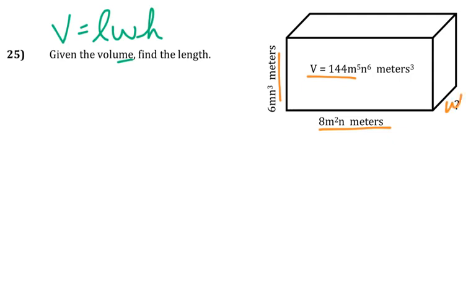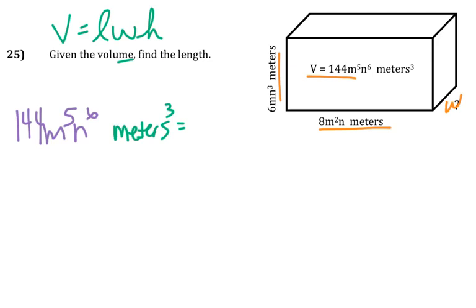So setting up my equation, I'm going to write 144, m to the fifth, n to the sixth, and then I'm going to do meters to the third power. Actually, maybe I won't just do m, I'll just write it out. I don't want to get that confused with this m right there.